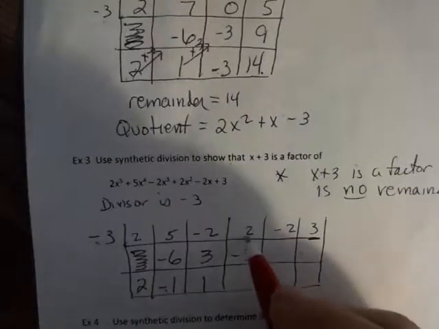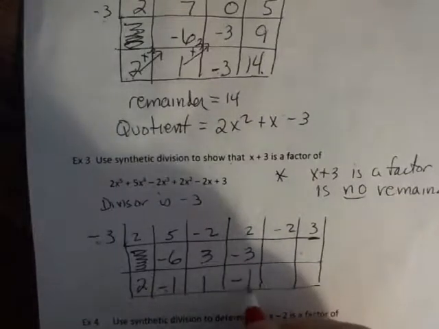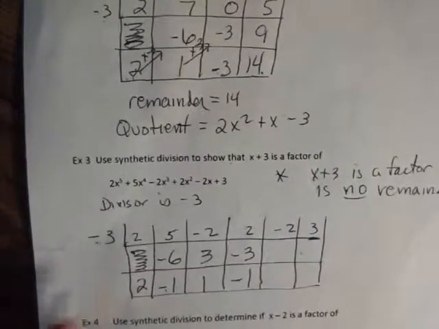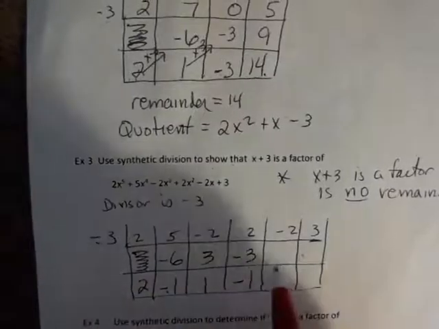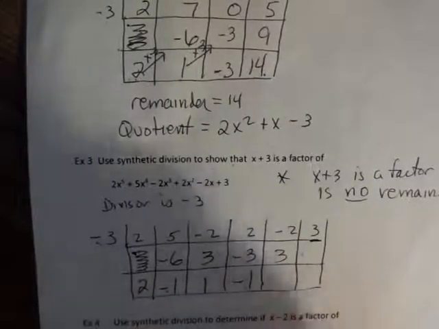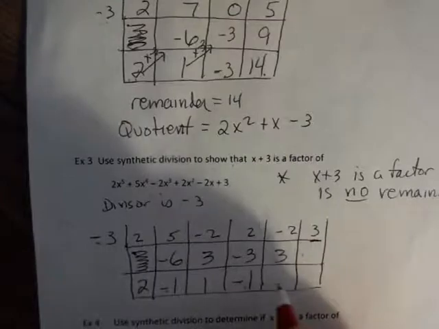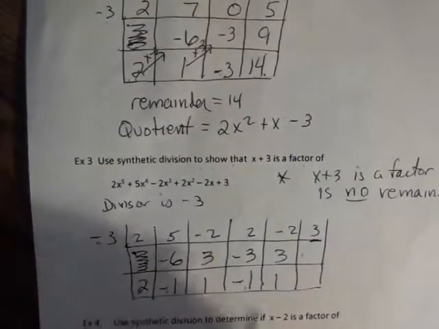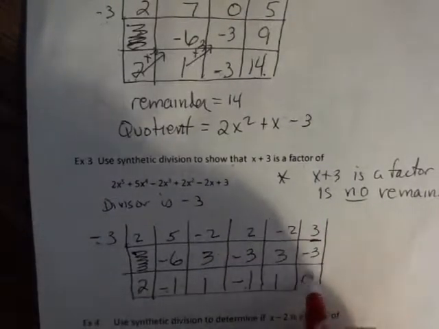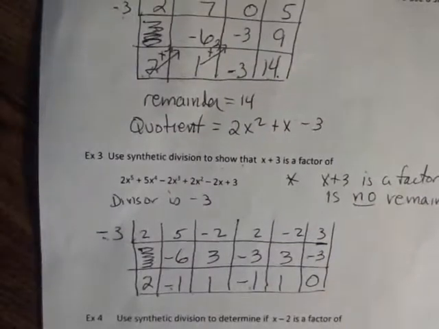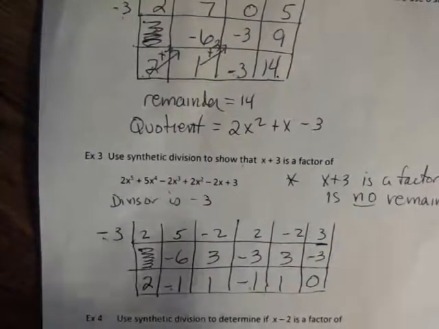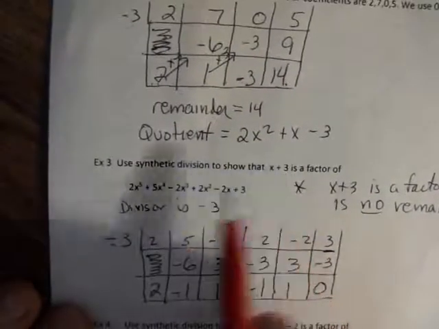This time we've got negative 3 and positive 2, which is negative 1. Negative 3 times negative 1 is positive 3. 3 minus 2 is 1. Negative 3 times 1 is negative 3. And I have 0 as a remainder. So therefore, x plus 3 is a factor of this.